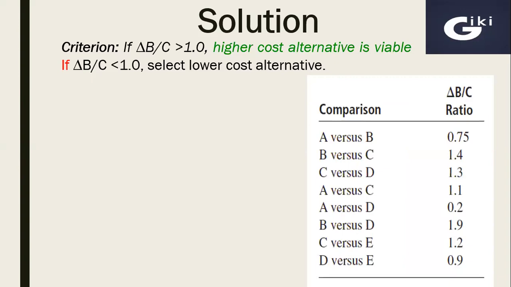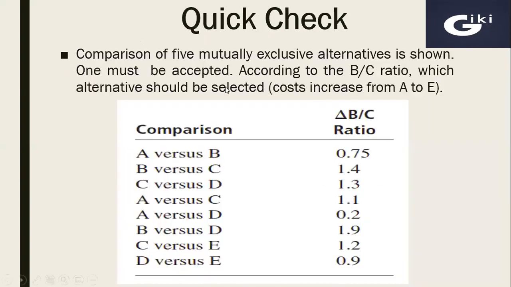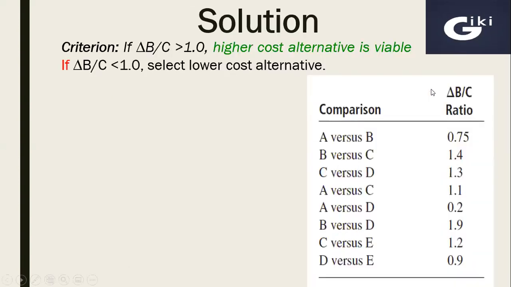That is, if incremental B over C ratio is greater than 1, the higher cost alternative is viable. If incremental B over C ratio is less than 1, we need to select the lower cost alternative. And we have this information given in the question. Cost increases from A to E, meaning A is the lowest cost option and E is the highest cost option.